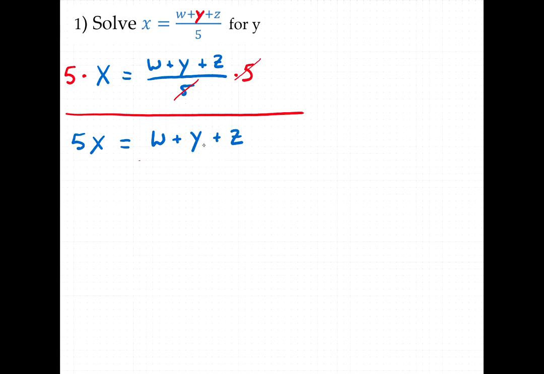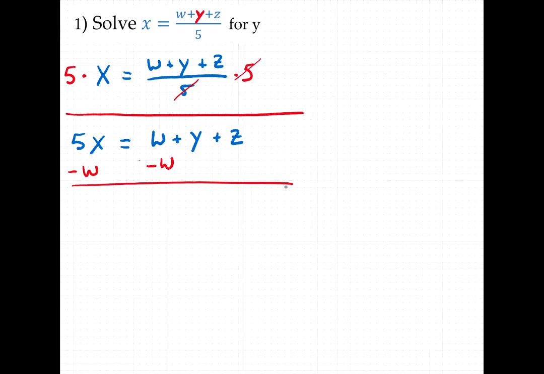Okay, so we've eliminated the 5. Now we have to eliminate the w and the z. And now we could apply the addition rule. So we have a w here and a z here. So the opposite of positive w is a minus w. So we could subtract w from the right-hand side, and we could subtract w from the left-hand side. I'm going to do this one step at a time.